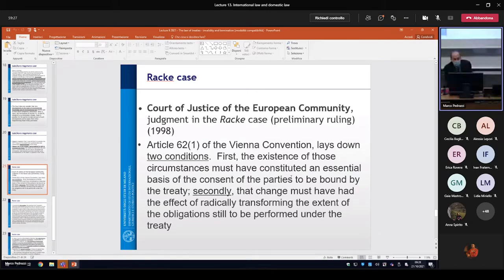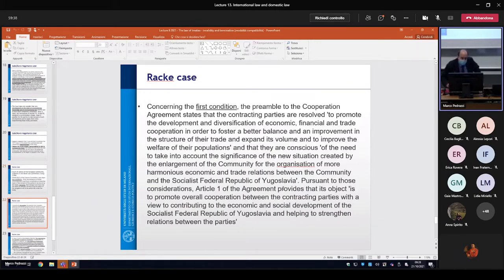Anyway, the Court of Justice was deciding a claim that, because the European Community had decided to suspend a treaty, a cooperation agreement with the Federal Republic of Yugoslavia due to the war situation.